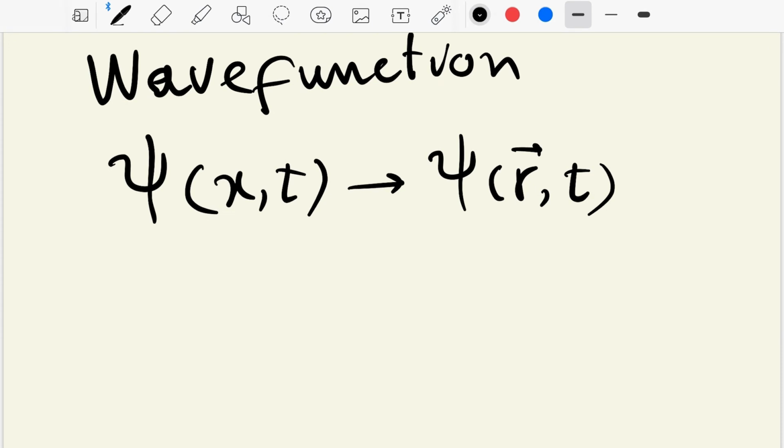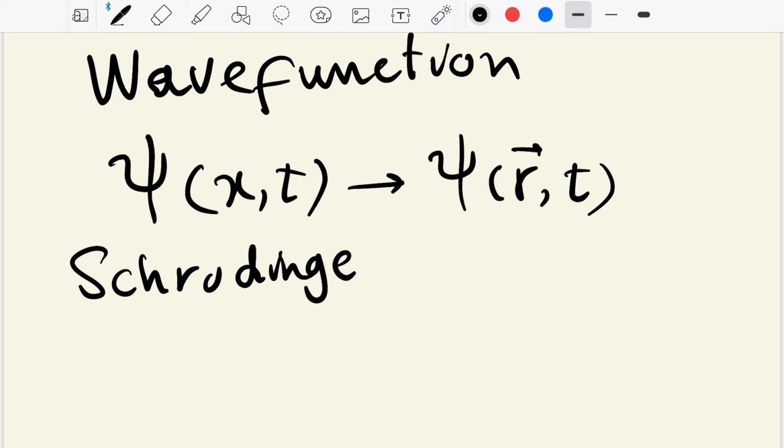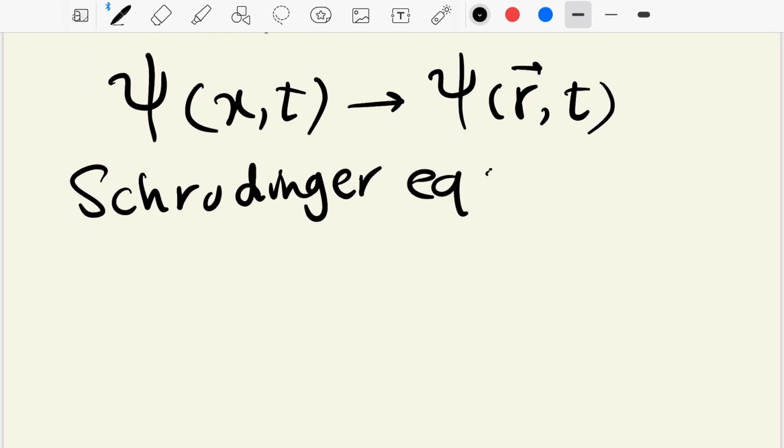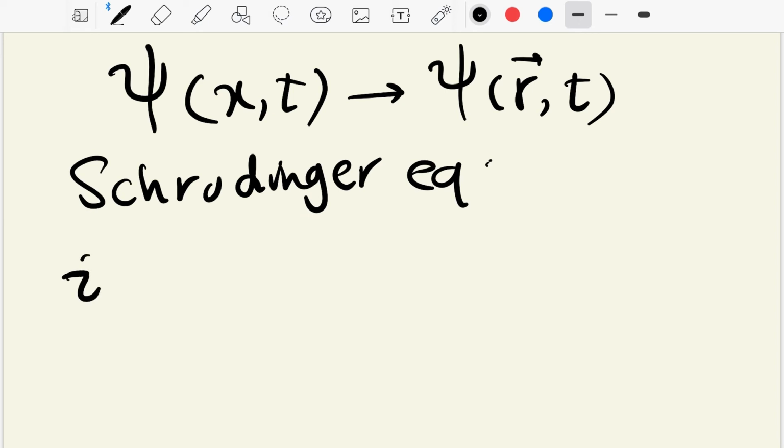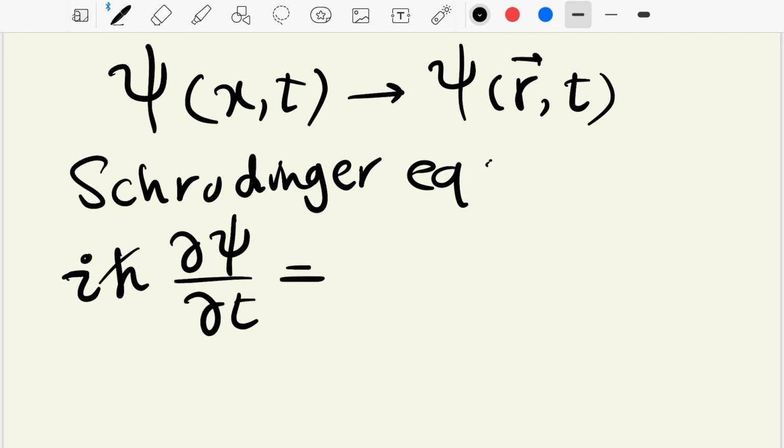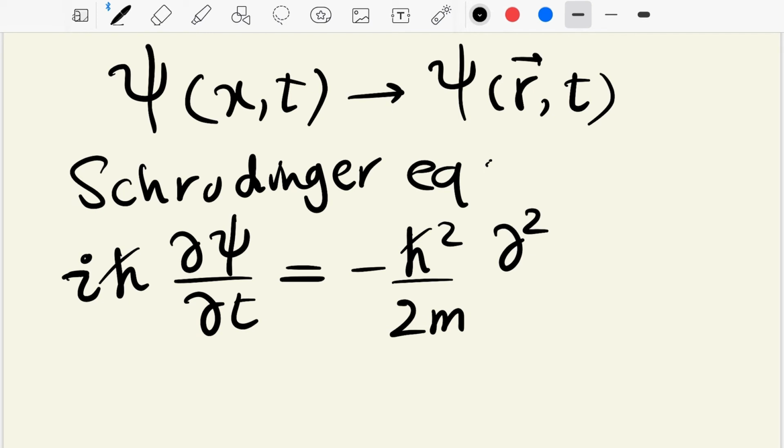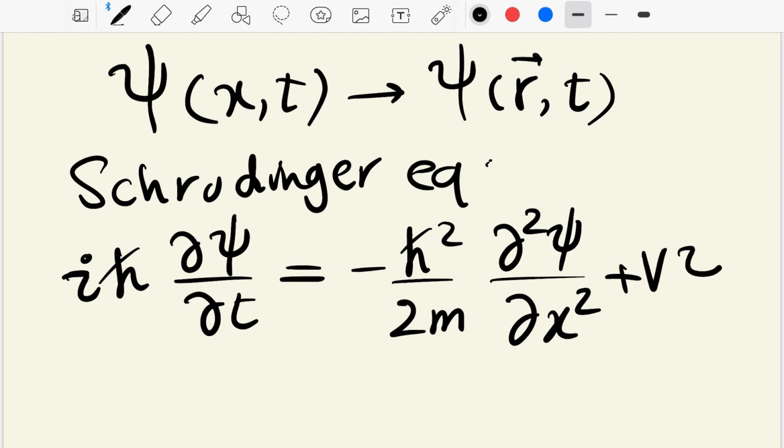In this lecture, I only introduce the Schrodinger equation, which is i h bar partial derivative of psi with respect to time is equal to minus h bar squared divided by 2m times the second partial derivative of psi with respect to x, plus V psi.